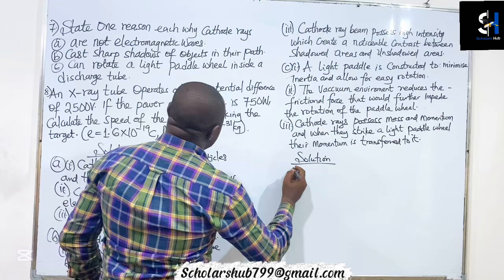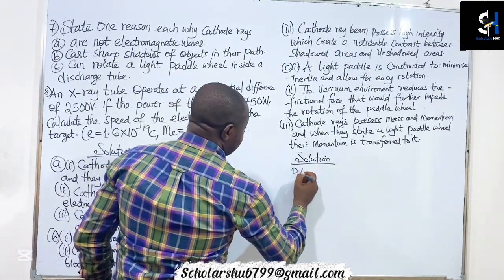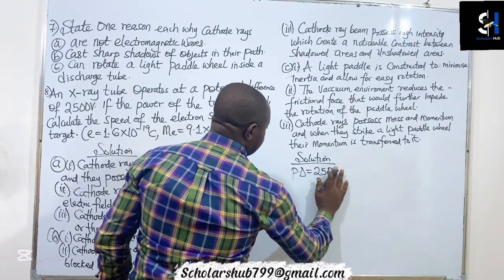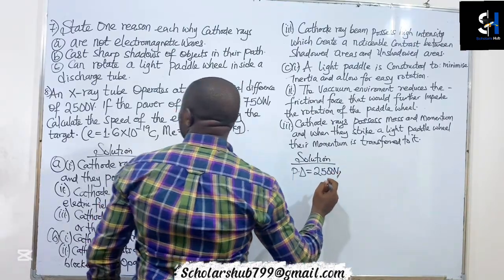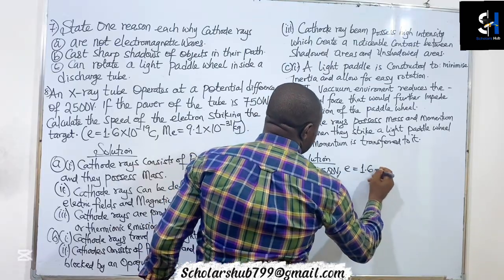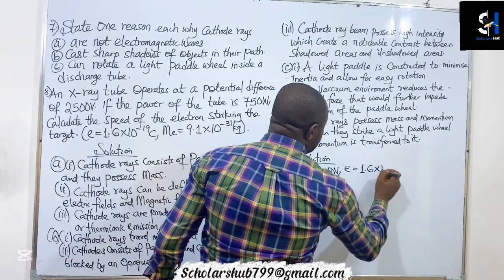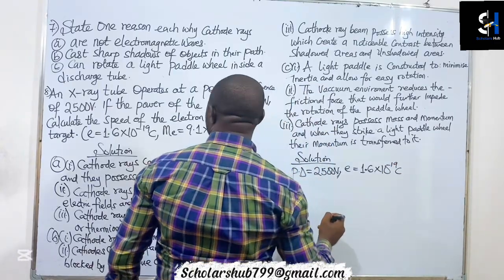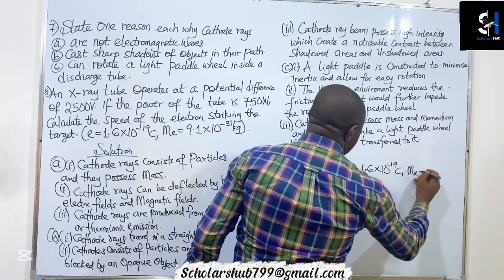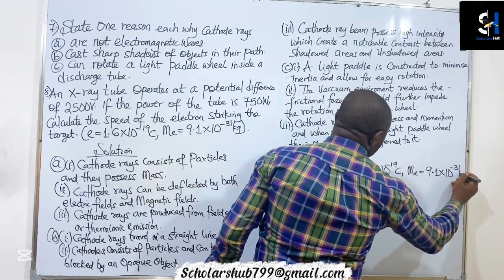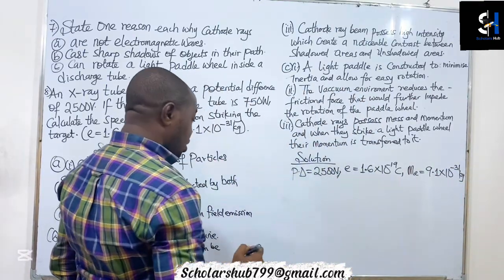Now we're given the potential difference of 2500 volts. Then we're also given the electronic charge, 1.6 times 10 raised to the power of minus 19 coulombs. Then also we have the mass of the electron as 9.1 times 10 raised to the power of minus 31 kilograms.